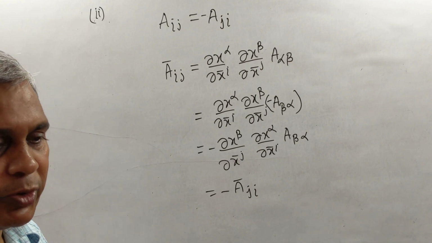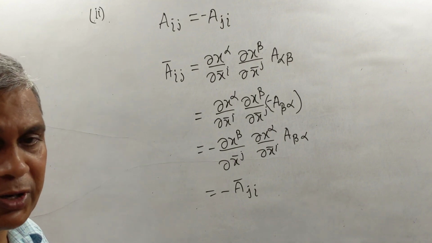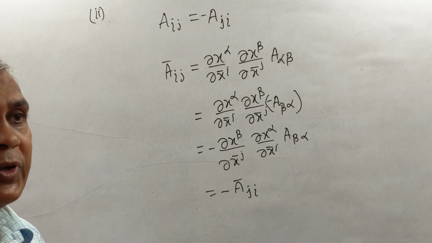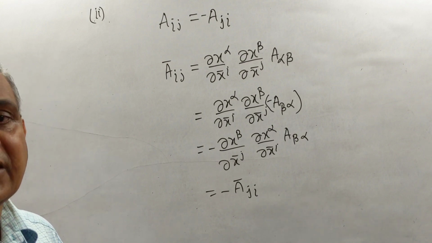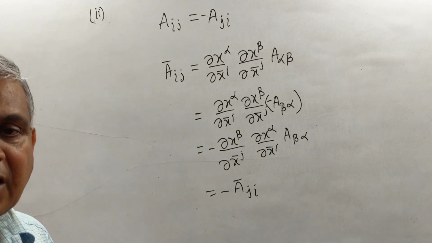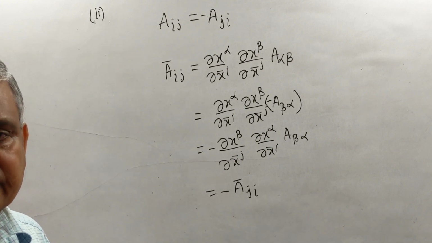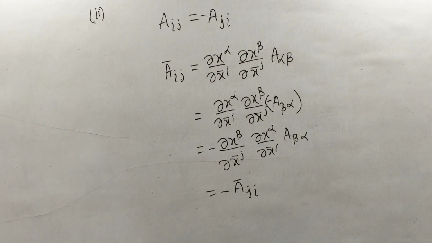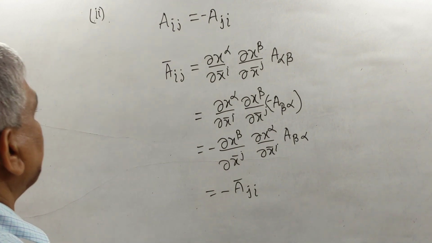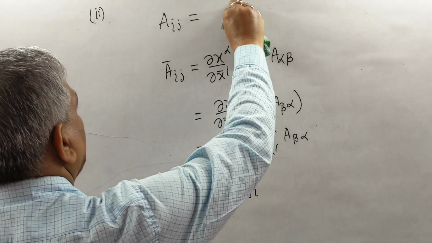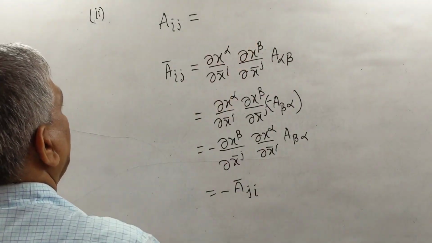X bar system of coordinates means other system of coordinates. So, if a tensor is skew symmetric in a system of coordinates, then it is skew symmetric in other system also. Next, our property is, if a tensor vanishes in one system of coordinates, then it vanishes in other system of coordinates.